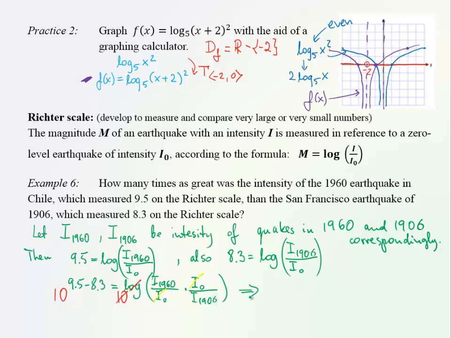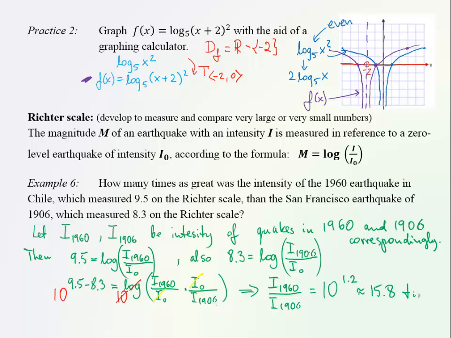So, starting with the right-hand side, we really have the quotient I 1960 over I 1906 equals the left-hand side, and this is 10 to the 9.5 minus 8.3, which is 1.2, so 10 to the 1.2. And using a calculator, this is approximately 15.8 times larger.